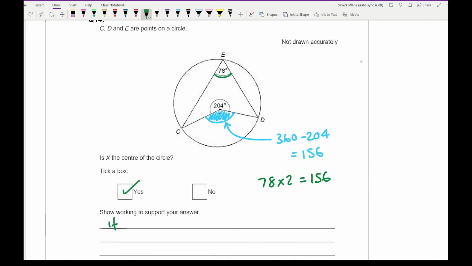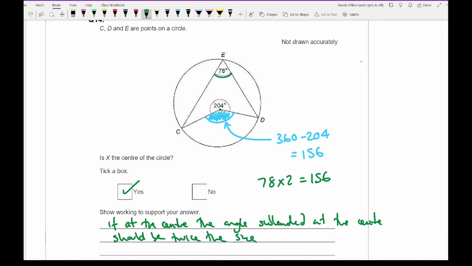So if at the center, the angle subtended at the center should be twice the size of the angle at the circumference.